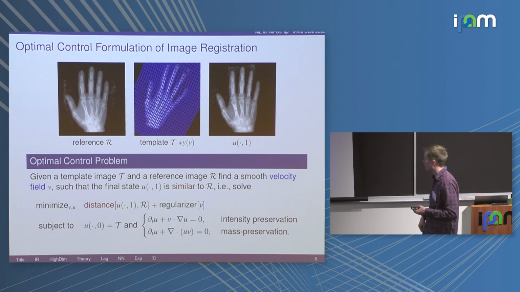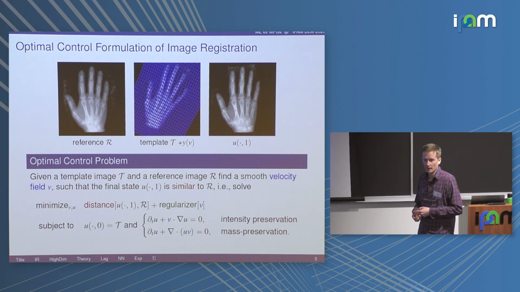So one idea could be, let's eliminate this constraint. After all, we can always solve this PDE if we have an initial condition and we have a velocity. That way we could get the u at time 1, and we can just deal with this objective function.